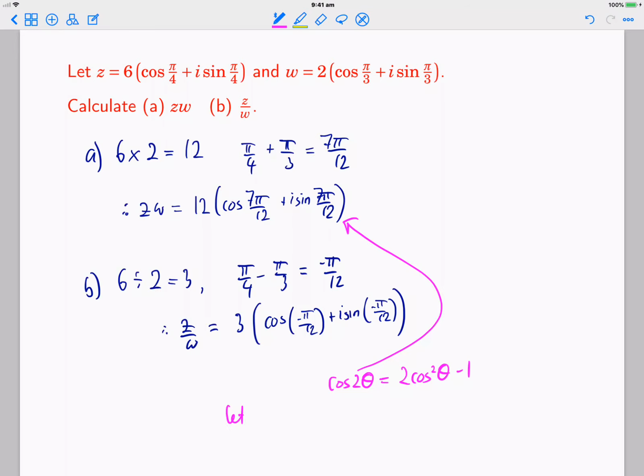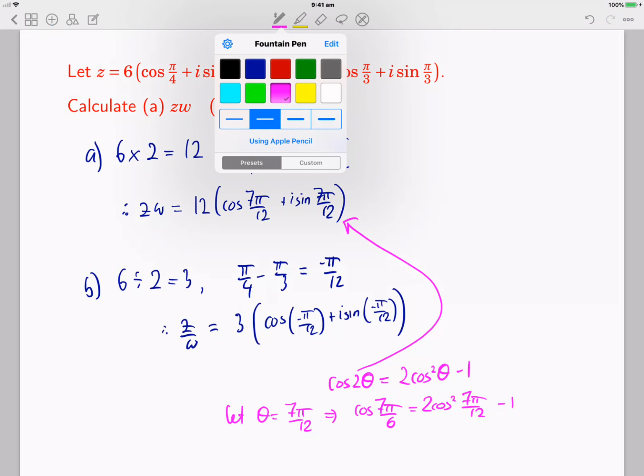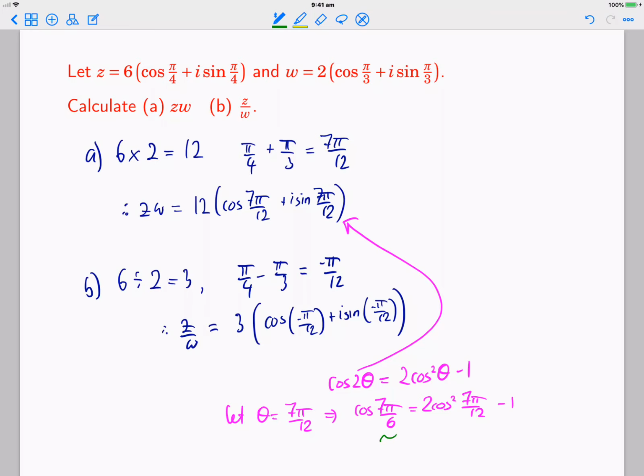If I let theta be 7 pi on 12, then 2 theta is 7 pi on 6, so I get cos 7 pi on 6 equals 2 cos squared 7 pi on 12 minus 1. Now, like I said, you should know how to calculate cos 7 pi on 6. So once I do that, I can make cos 7 pi on 12 the subject, solve, and then evaluate cos 7 pi on 12. So I can get this.